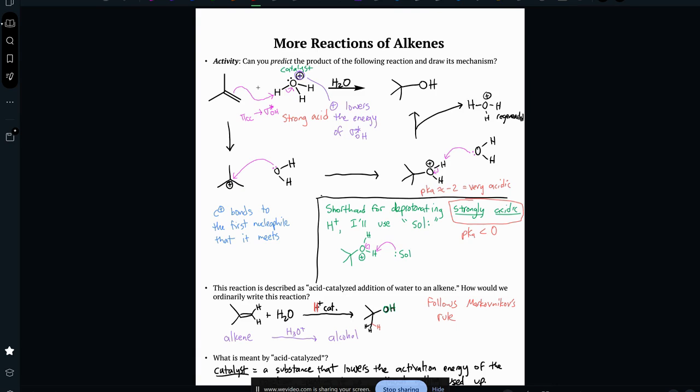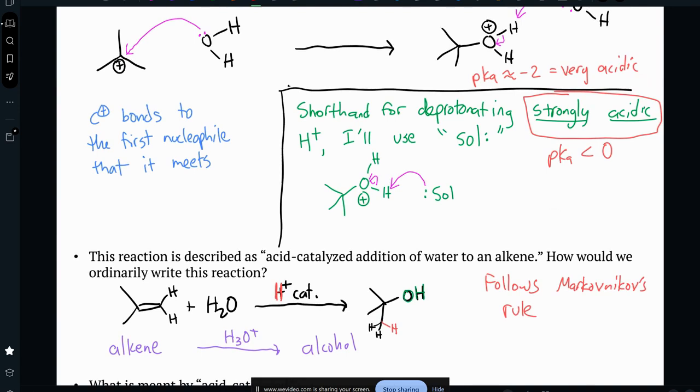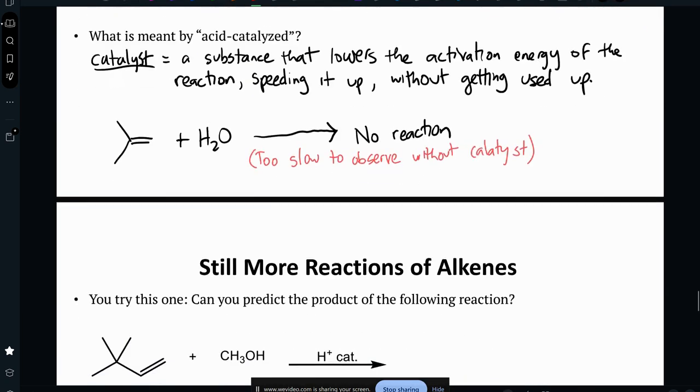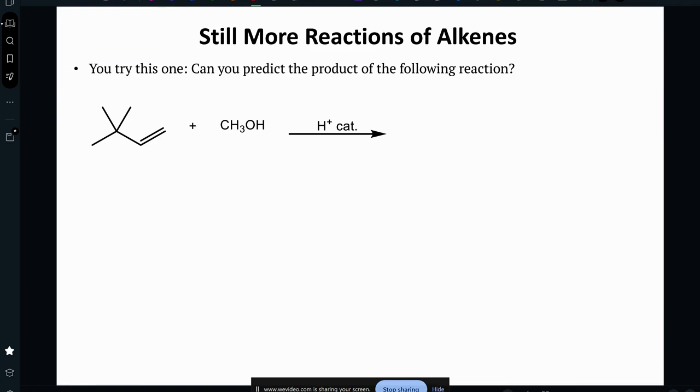One theme that you're going to see going forward is a lot of reactions that can occur with water. We can run an analogous reaction with an alcohol. So what if, instead of adding water to an alkene, I tried adding an alcohol instead?